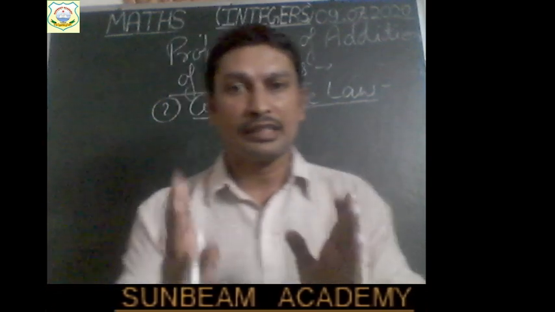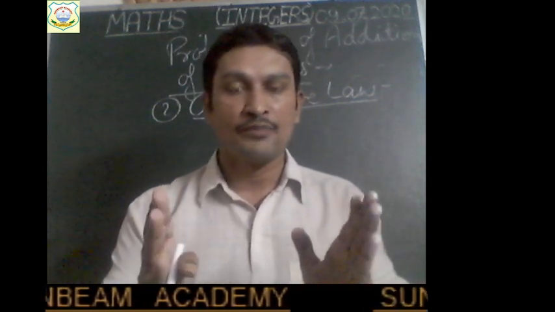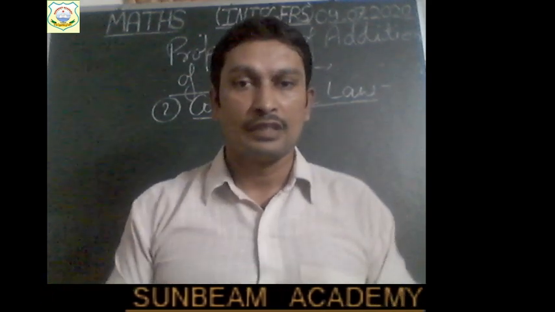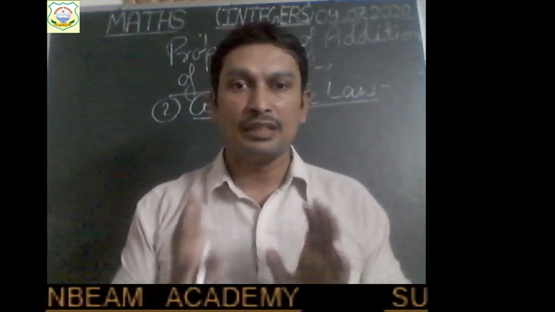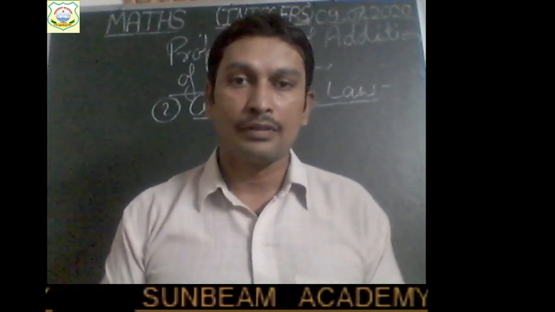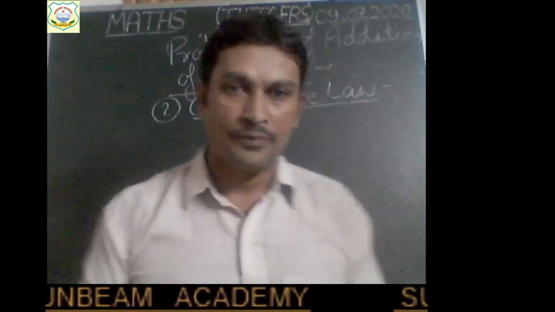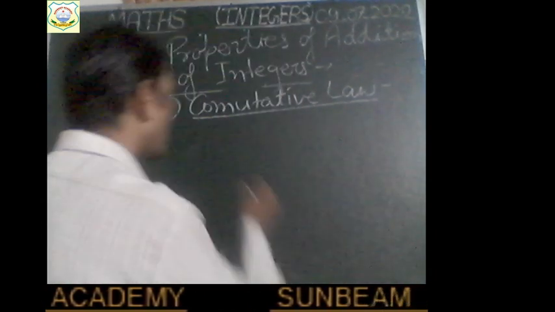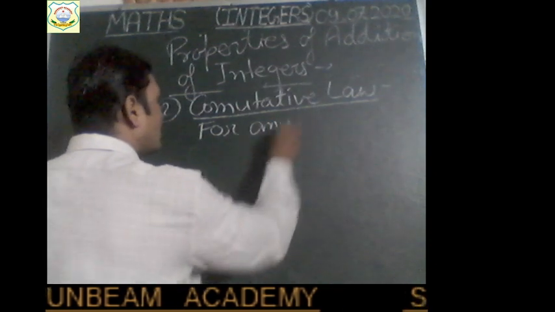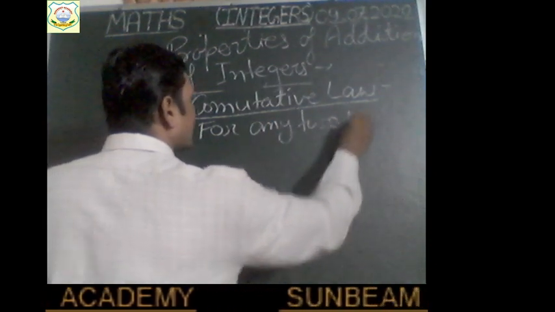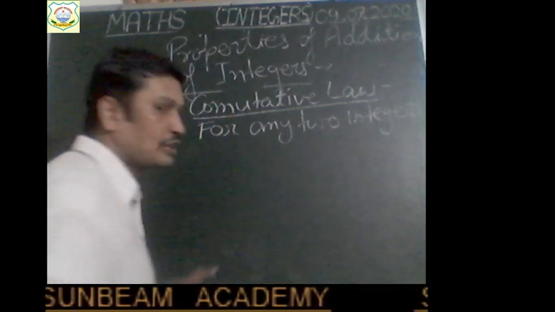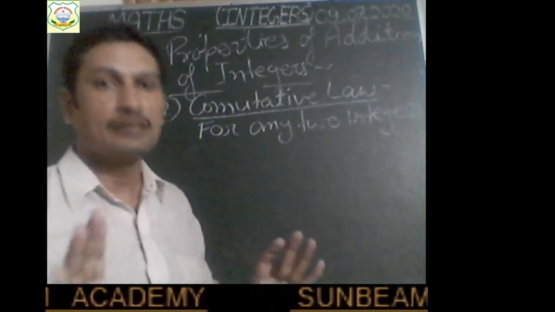If we are adding two integers, a plus b, and if we add them by changing the order, b plus a, then in both cases the result will be the same. Am I right? This is the commutative law of addition of integers. So what do we have to write? For any two integers, no matter whether they are positive or negative integers, it doesn't make any effect.